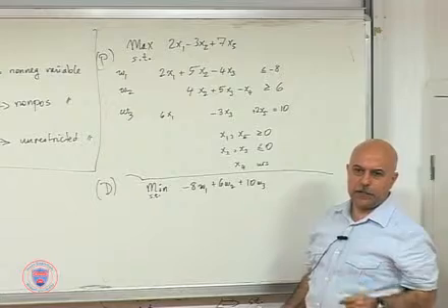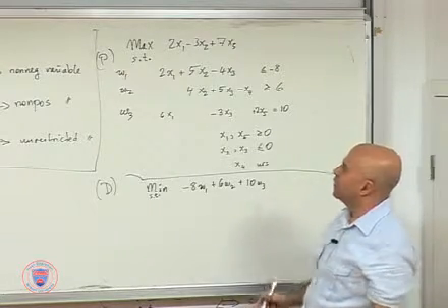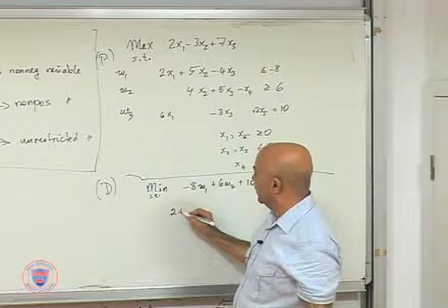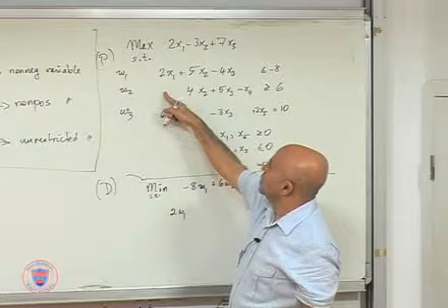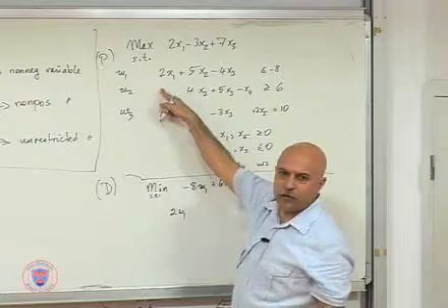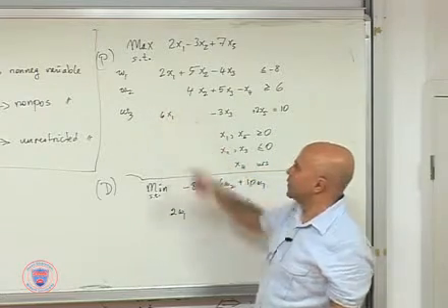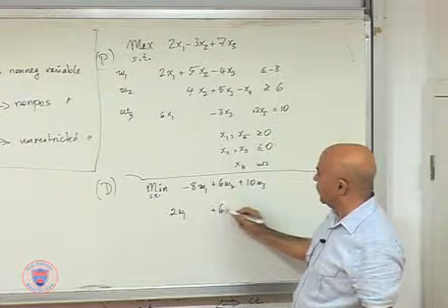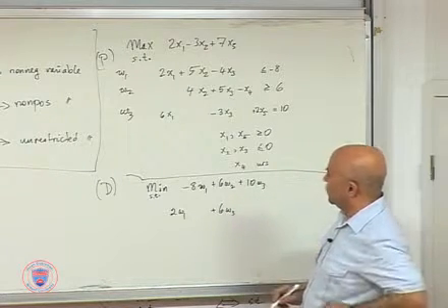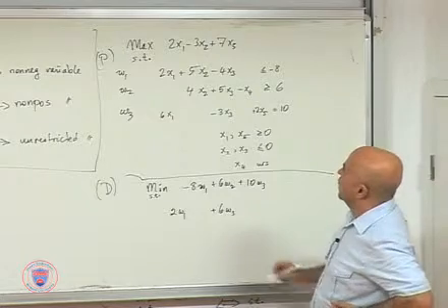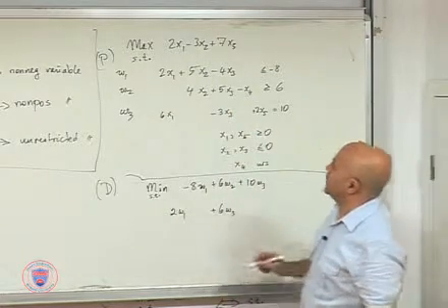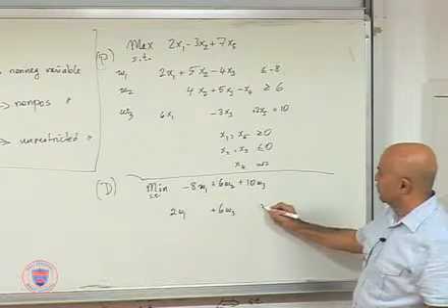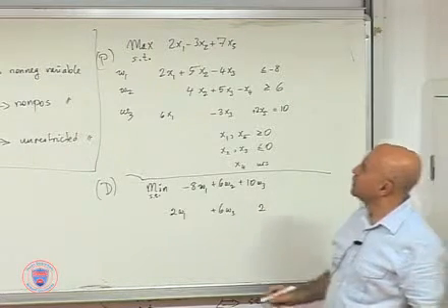If you perform the multiplications one column at a time, you get W1 times 2 plus W2 times 0, the coefficient here is 0, plus W3 times 6. So that's going to give you the first constraint, and the right side of that will be your C1, which is your 2.